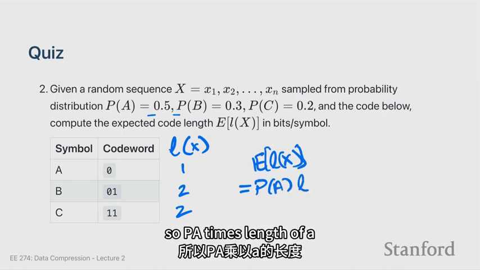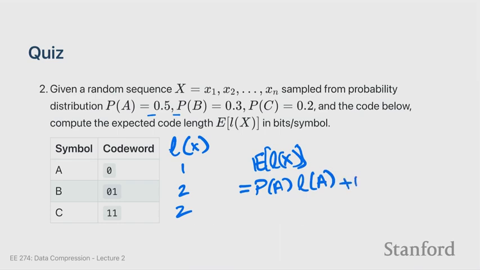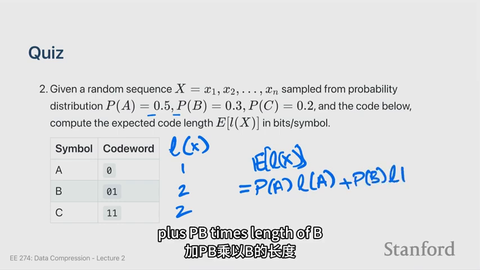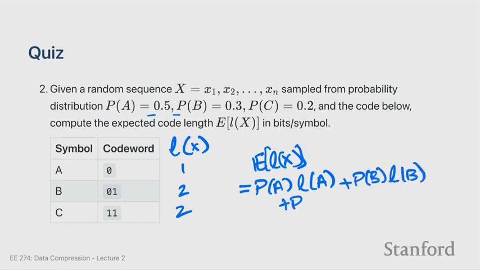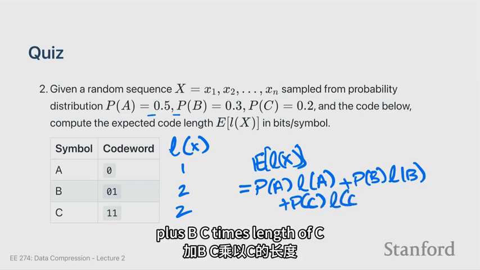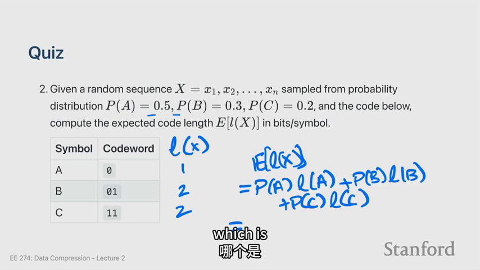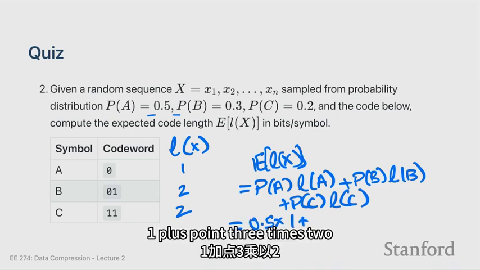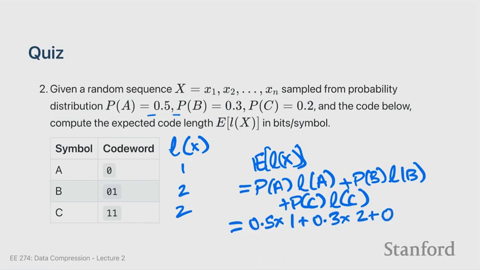So P(A) times length of A plus P(B) times length of B plus P(C) times length of C, which is 1 plus 0.3 times 2.